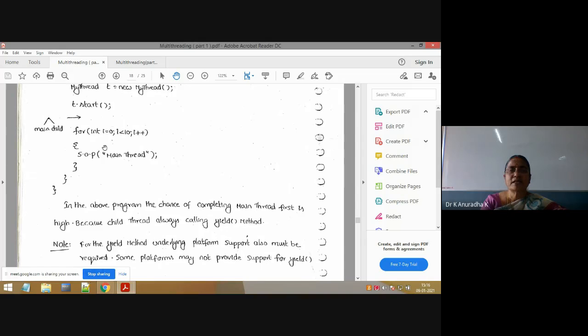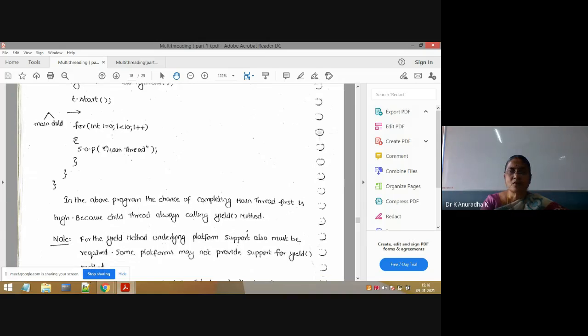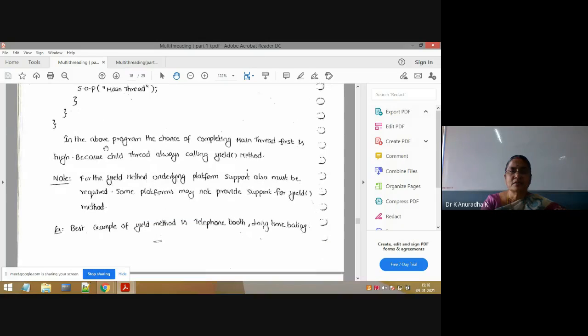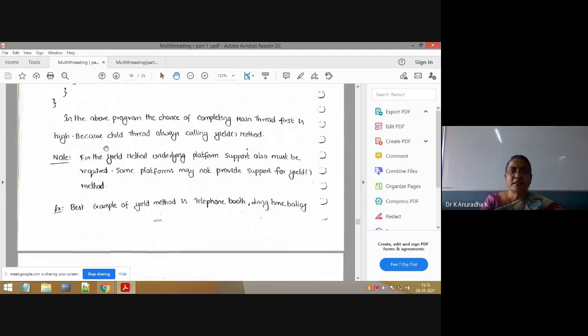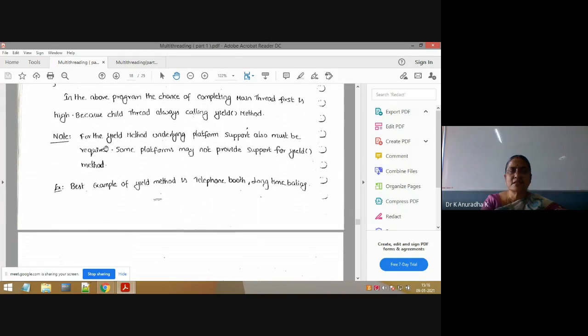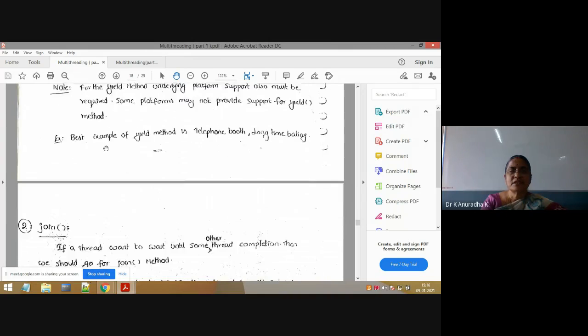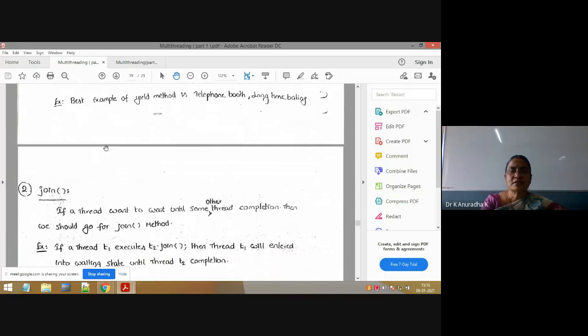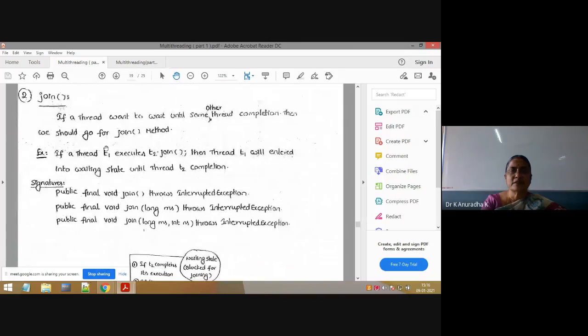So we can write the yield method of the Thread class in any thread, not only in the main thread or only in the child thread. We can write multi-threaded programs with 6 or 7 threads, and in any thread we can write the thread.yield statement.